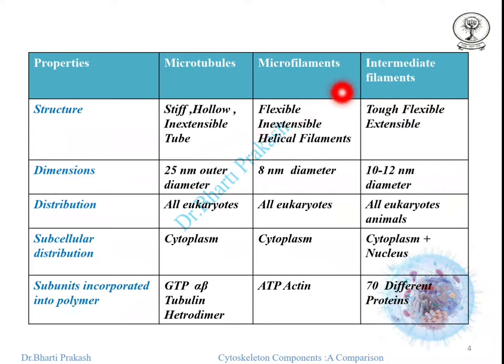Whereas the microfilaments are the smallest elements of the cytoskeleton. They are flexible, inextensible and helical filaments. Coming to intermediate filaments, these are intermediate between the two, that is between the microtubules and the microfilaments, and they are tough, flexible and extensible.